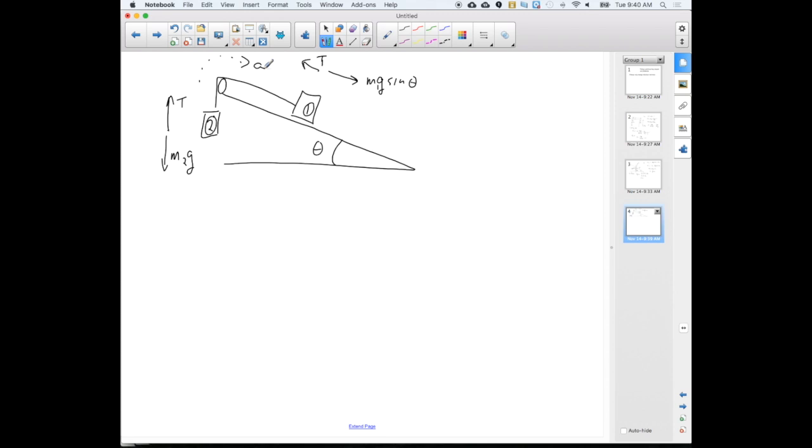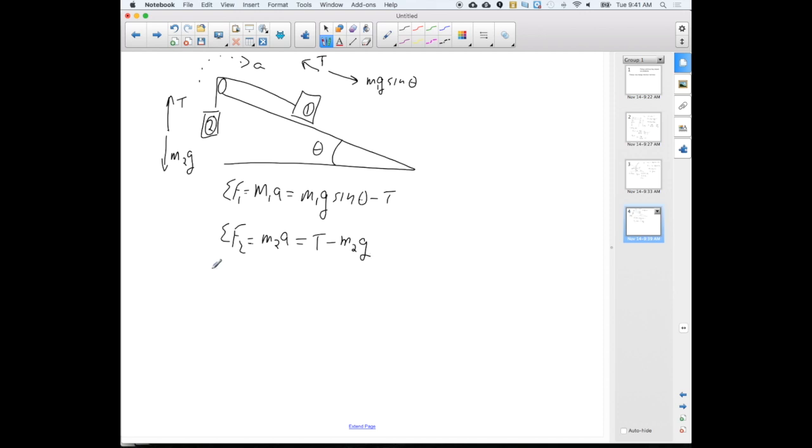I now write the sum of the forces on mass 1: M1A is equal to M1G sine theta minus T. Sum of the forces on 2: M2A is equal to tension up minus M2G down.